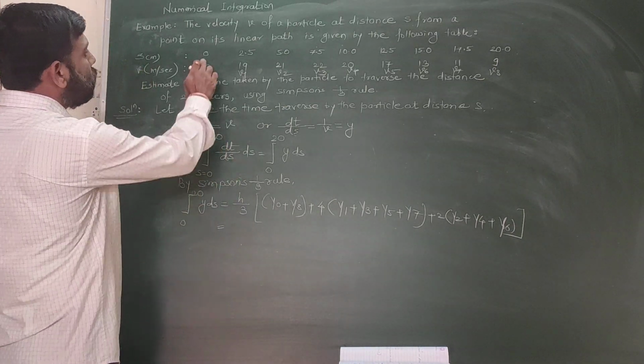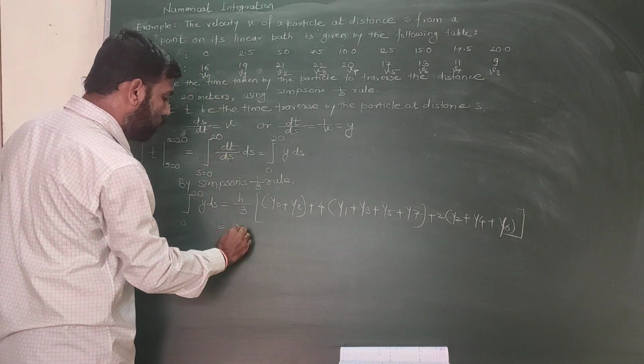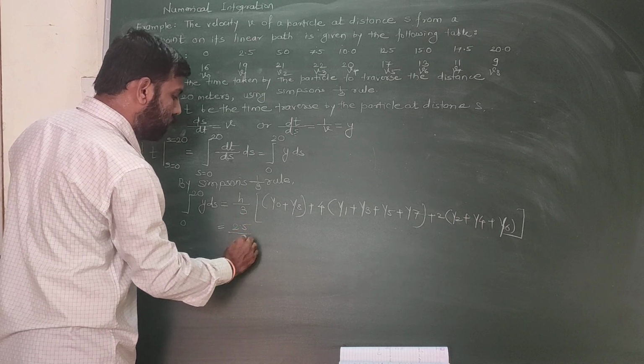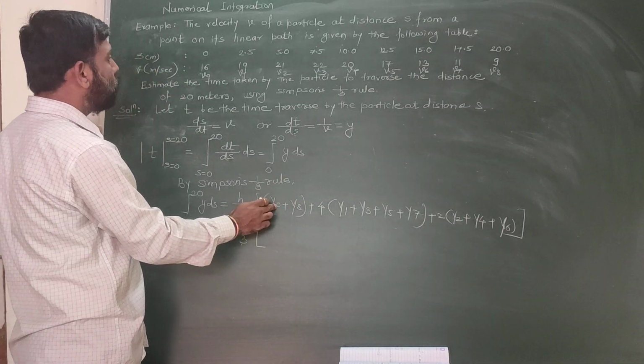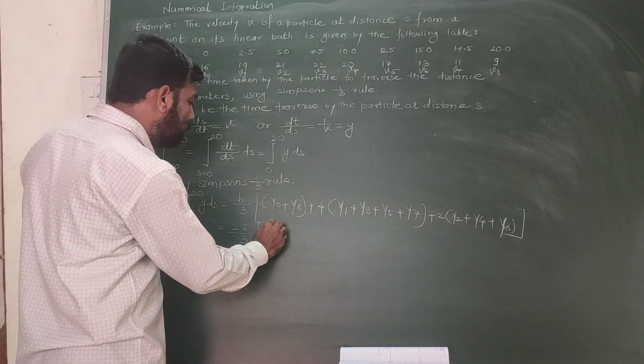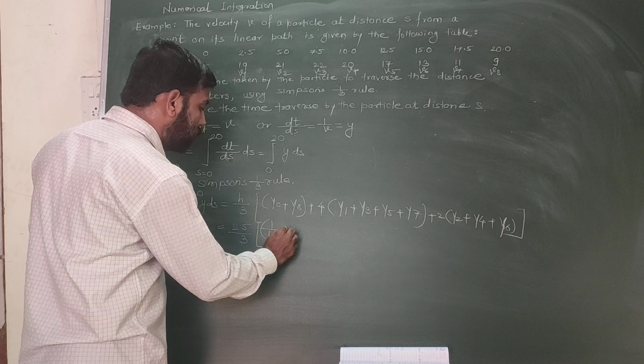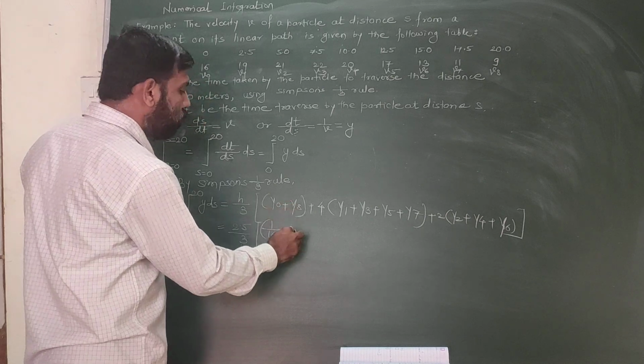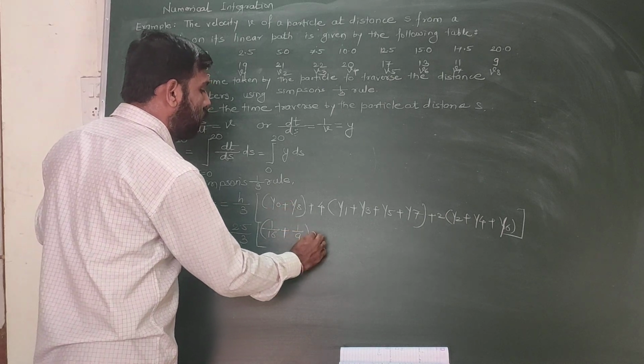The value of h is the step size, 2.5, divided by 3. Now I am writing here the value of y0, that value is 1 by 16. y8 value is 1 by 9.